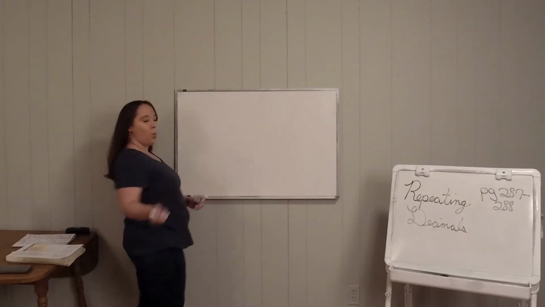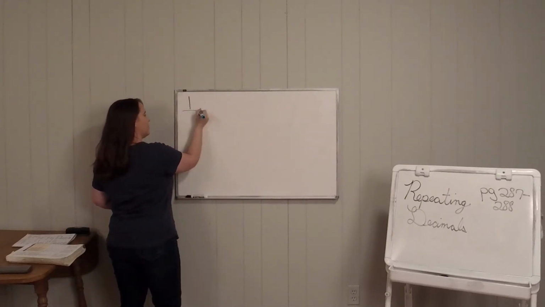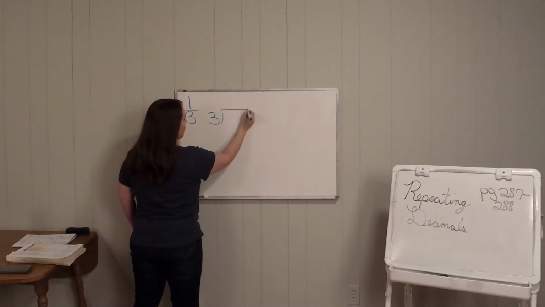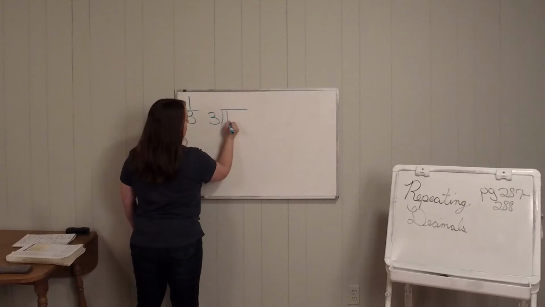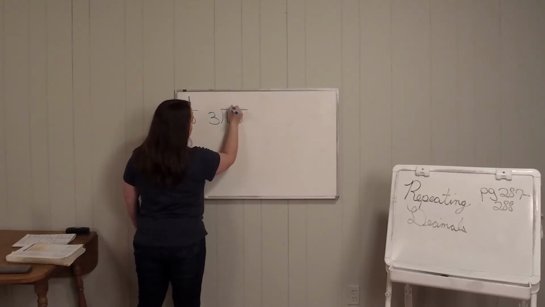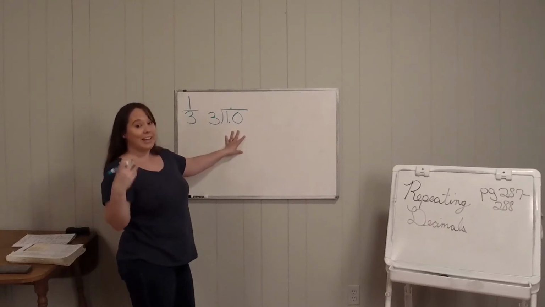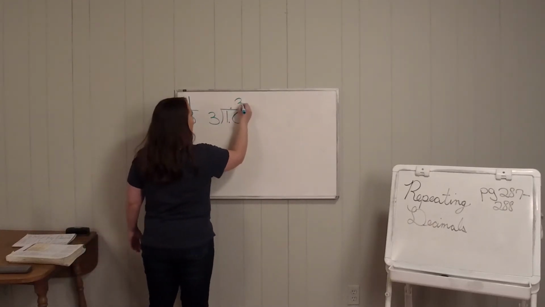So it was 1/3. Well, to change that fraction into a decimal, we know we're going to divide. We know we're going to have to annex some zeros. We know 3 can go, not evenly, into 10, but we know it can go 3 times, because 3 times 3 is 9.